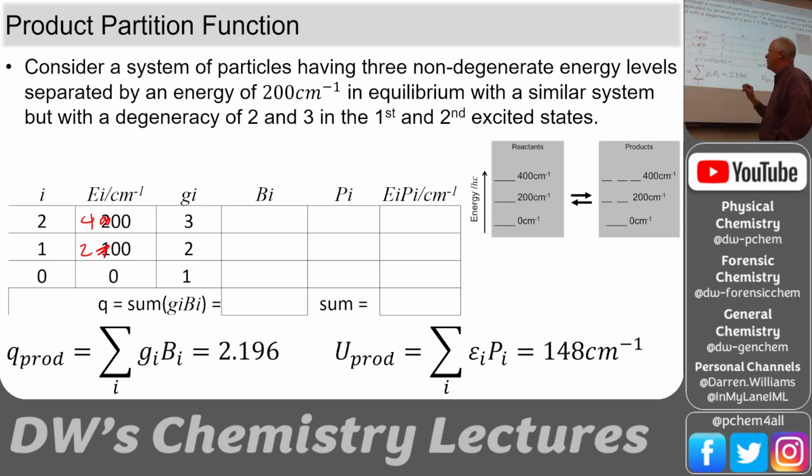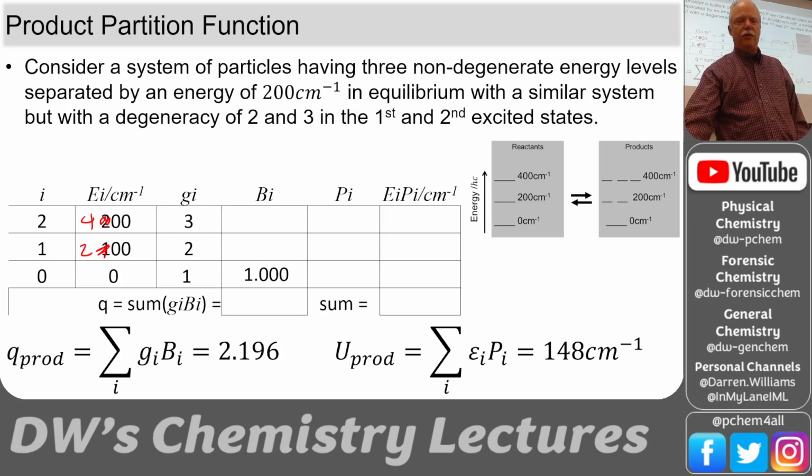So that's 200 and 400. That's the same as what we had before, but the only difference is the degeneracies, right? For the 200, it's going to be e to the minus 1, and for the 400, it's going to be e to the minus 2, but it's going to be times 2 for the first excited state and times 3 for the second excited state.